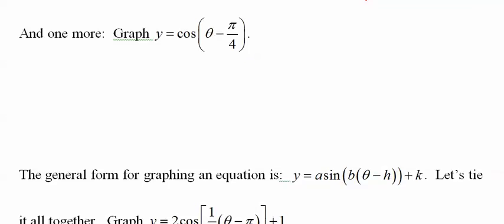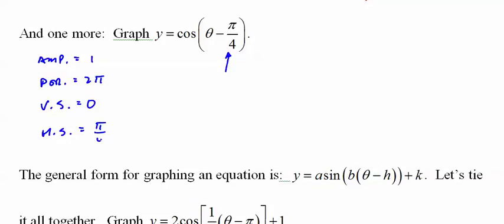Now, what happens if we throw something out here? It shifts it. If you remember, inside parentheses in mathematics, things are always backwards. So the horizontal shift is pi over 4, and I say to the right.